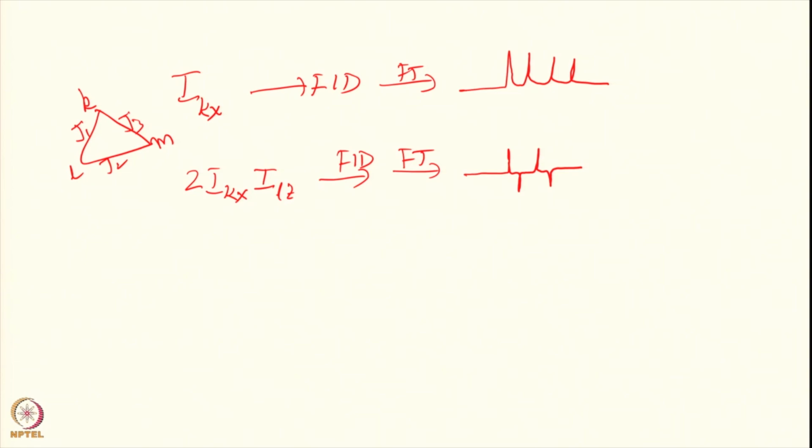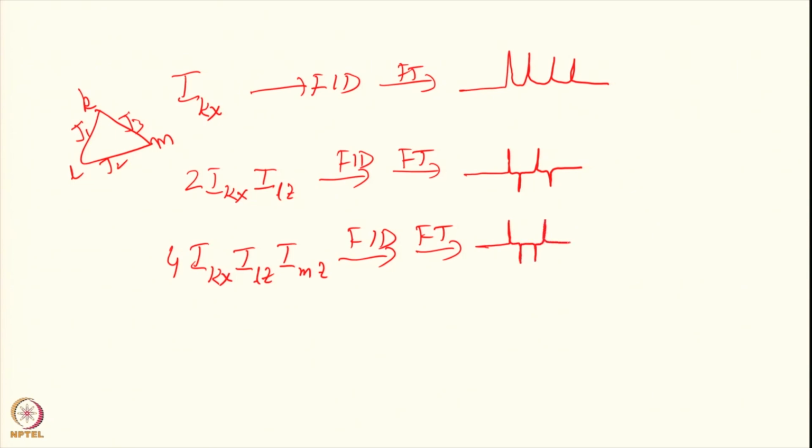Okay. Now suppose I have this kind of a term, 4 IKX ILZ IMZ, and this generates an FID, and then I have the FT, and this will produce a pattern like this after Fourier transformation. Now you see this is positive negative, this came from the antiphase with respect to the L spin, and then again now negative of this. So, therefore, positive negative negative positive.